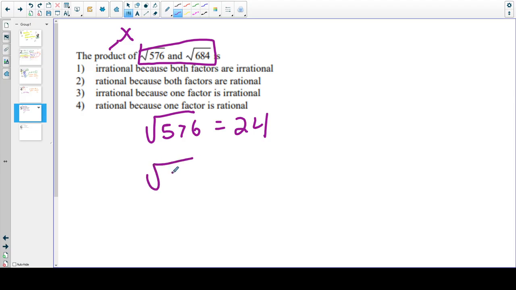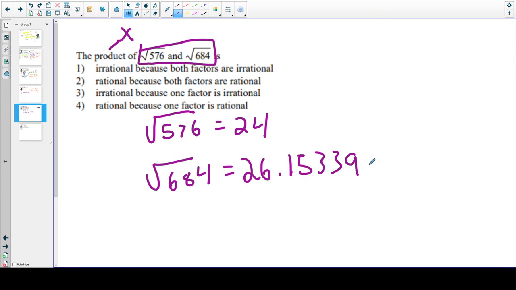And the square root of 684, I'll put this on my calculator so that we can have the exact numbers, is 26.1533936, so on and so forth. That's a rational number. This is irrational.